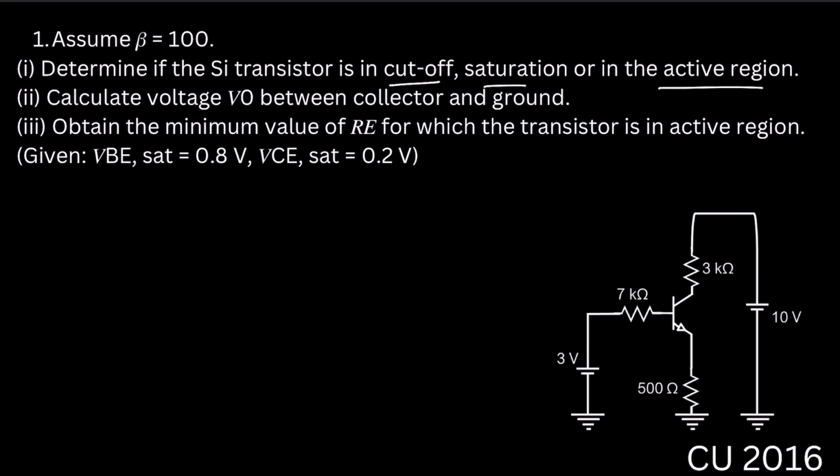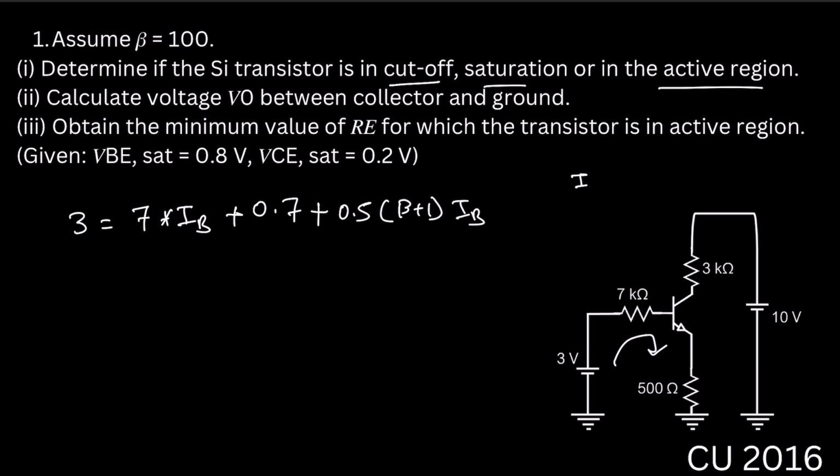What we need to do? Just apply KVL at the input loop. So we can write down 3 equals 7 into IB plus 0.7 plus 0.5 into (beta plus 1) into IB. Why? Because IE equals IC plus IB equals (beta plus 1) into IB.